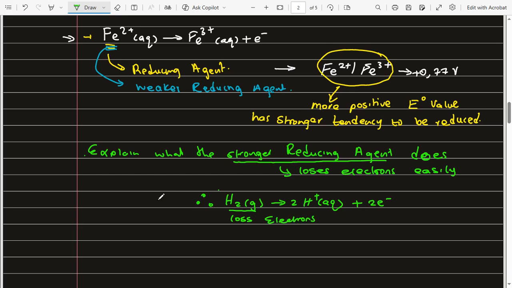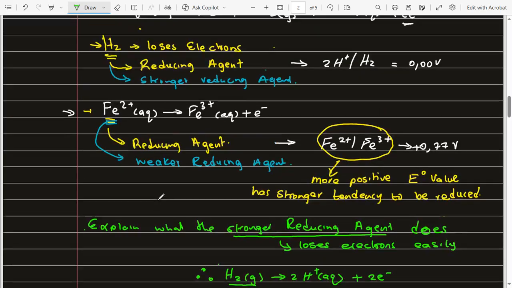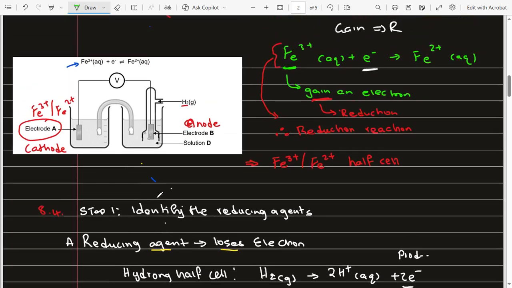If it loses electrons, the electrons move through the wire to electrode A. These are my electrons, leaving from B to A.